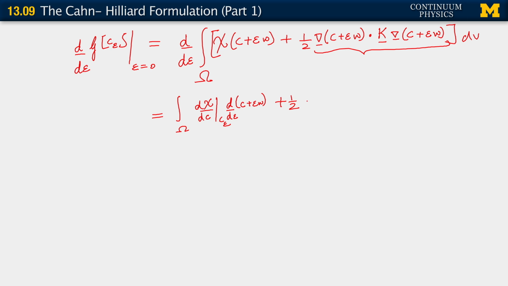In the first case, we get 1/2 gradient of w, sorry, we lose the epsilon because of the derivative with respect to epsilon, so 1/2 gradient w dot k gradient of C plus epsilon w, plus 1/2 gradient of C plus epsilon w dotted with k, now acting on gradient w.